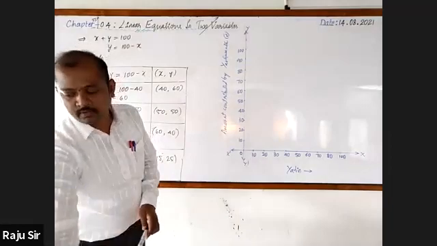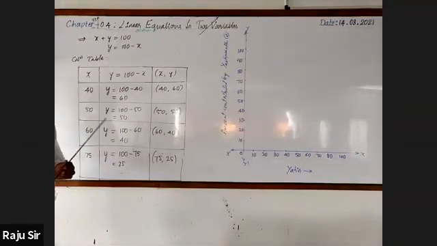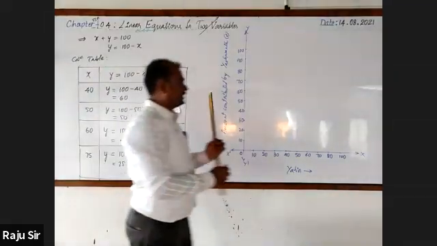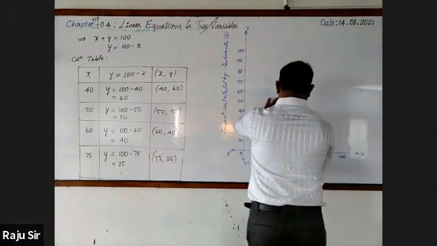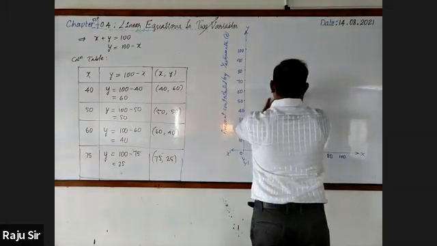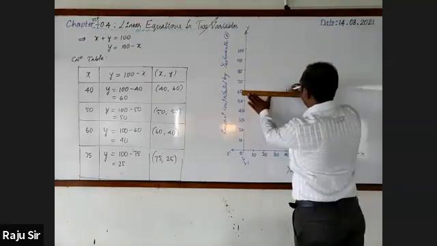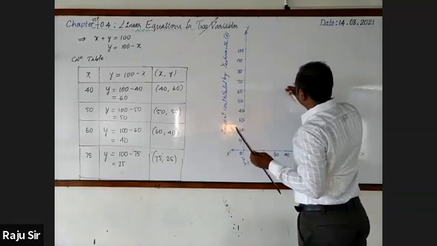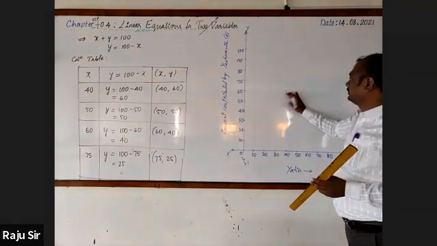Now let us go for marking the points. Here 40, 60. On x-axis 40, y-axis 60. This is the first point.